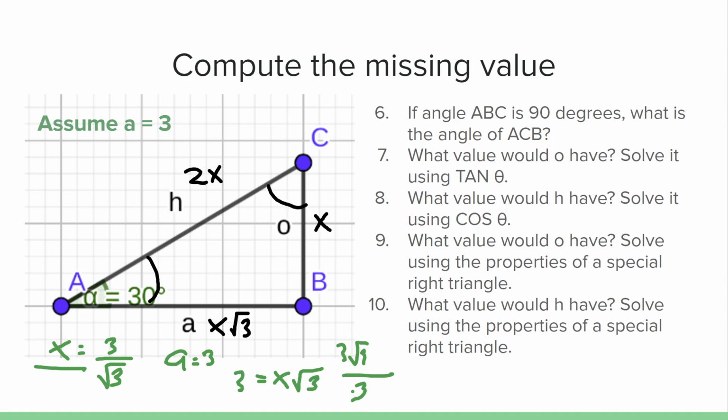Is this right? Hold on. 3 over square root of 3. We can multiply by square root of 3 over square root of 3. That would be 3 square root of 3 over 3 square root of 3.